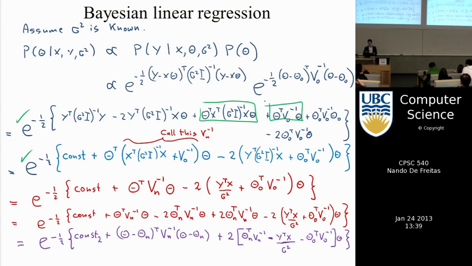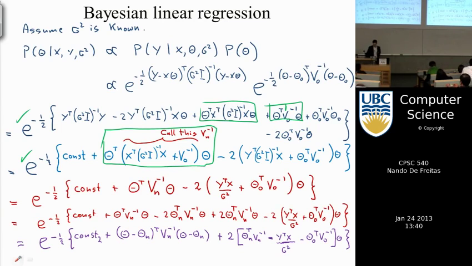So these are terms that involve theta twice, and I'm grouping them into a single term. Okay? So the thing in the middle here is just sigma squared times the identity. The quantity here is just V naught. And so I just need to add it when I group them.